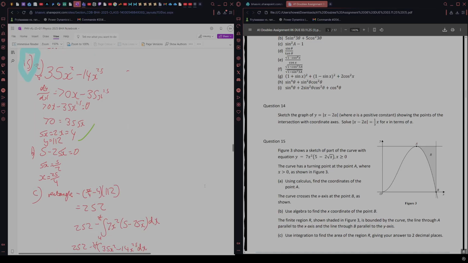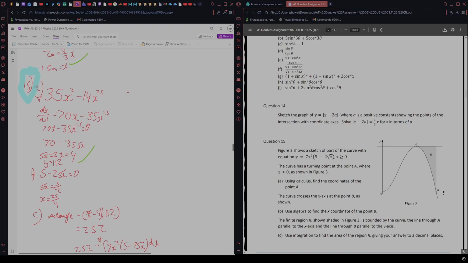What I've done here is I've said that the rectangle, where A and B are two of the vertices, is 252, because we know that the height from A is 112 from this coordinate up here, and we know that from the x coordinate of B to the x coordinate of A is just 25 over 4 minus 4.